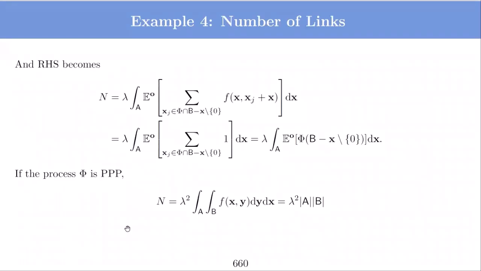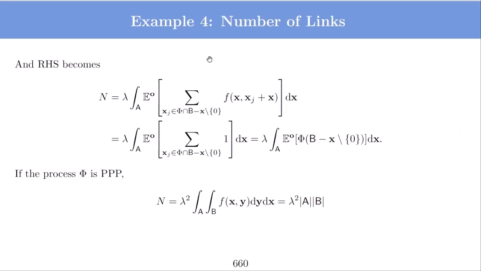First take the PPP case. For the PPP case we showed that it is equal to lambda square integration of f(x, y) dy dx. If I put 1 here, I get integration of dy dx, which is area of B times area of A. The total number of links would be lambda square times area of A times area of B.